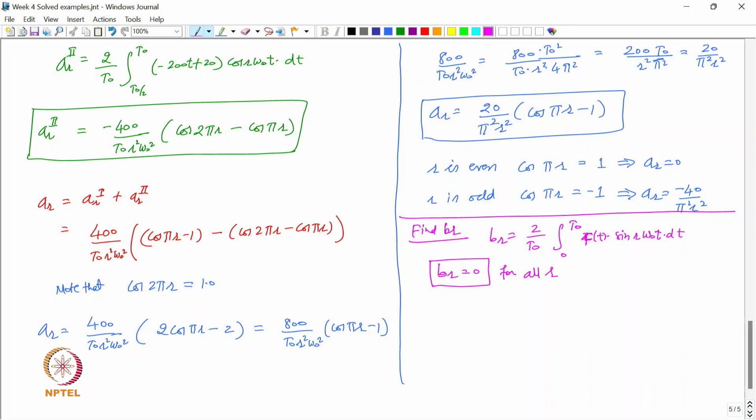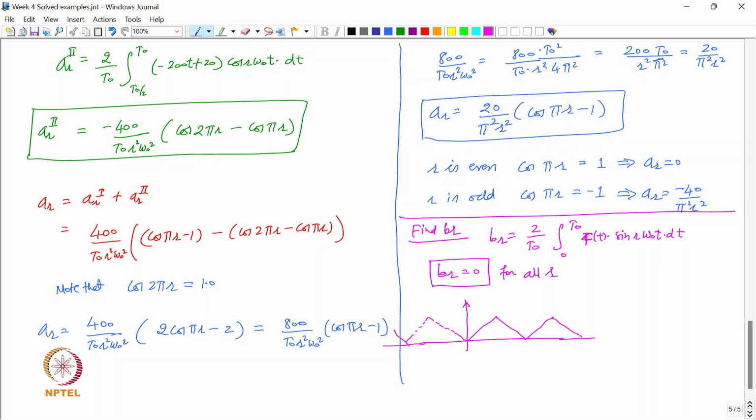The reason is that if you look at the function which has been given to us, this function is like this, and if you also sketch it on the negative side, then it will be like this.